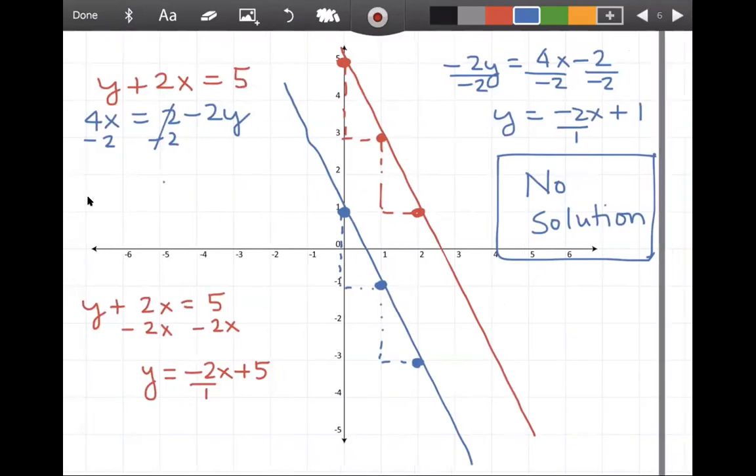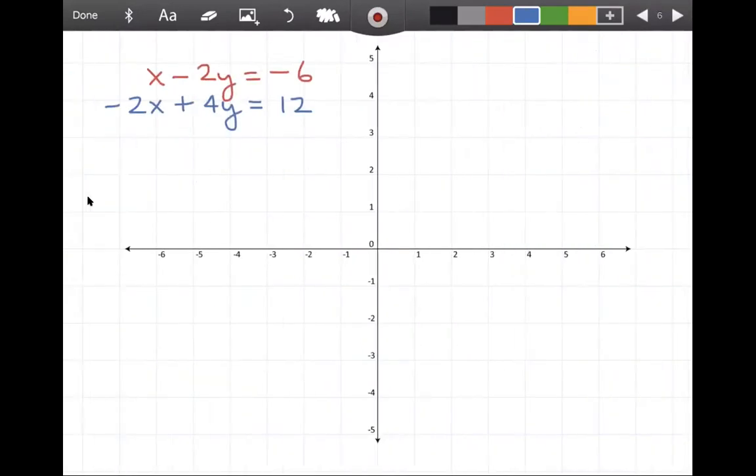All right, next example. X minus 2y equals -6. Negative 2x plus 4y equals 12. These are both written in standard form, so I think I will use the intercepts, starting with x minus 2y equals -6.